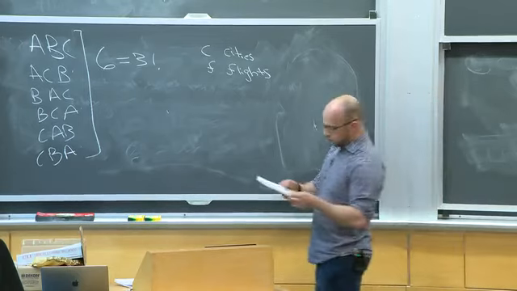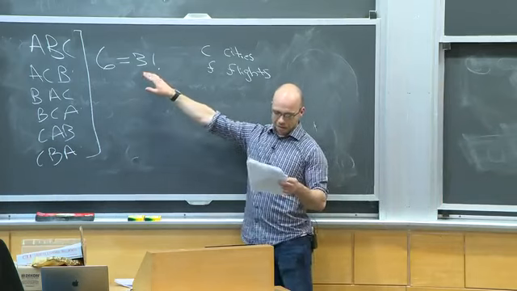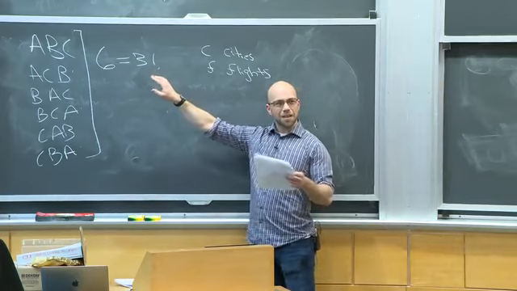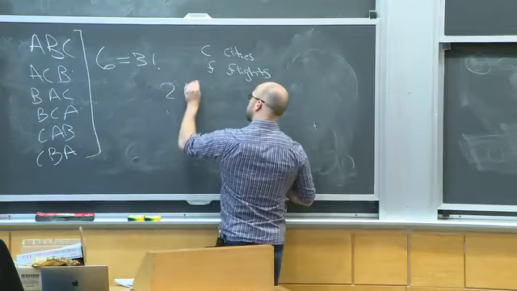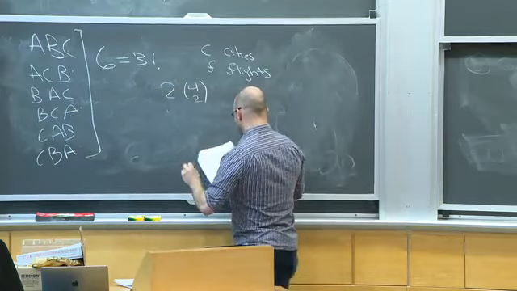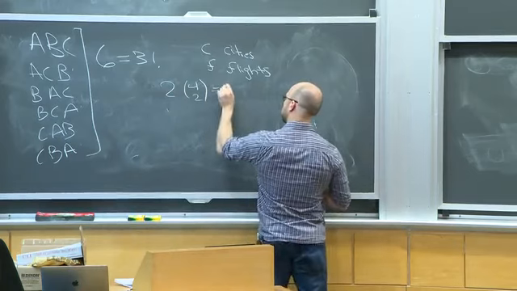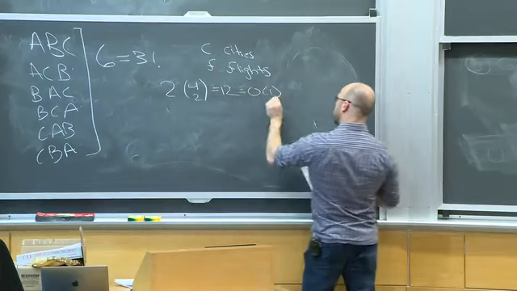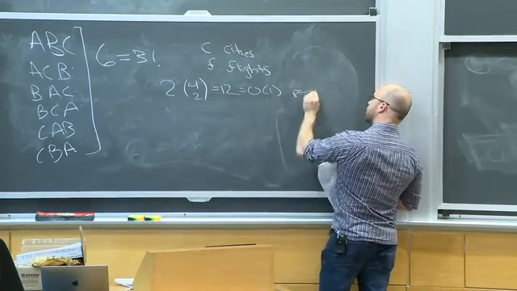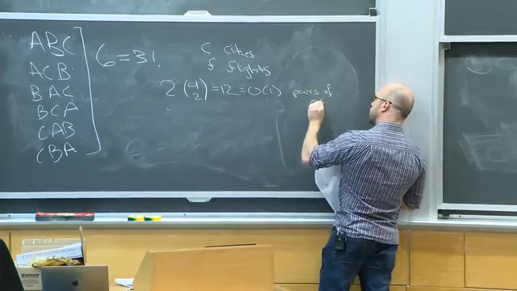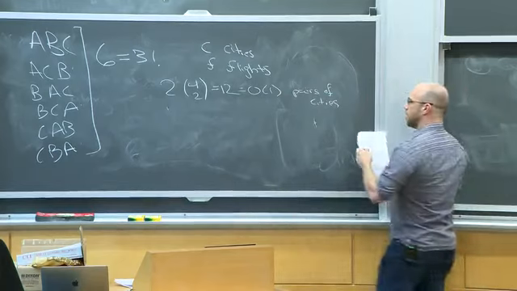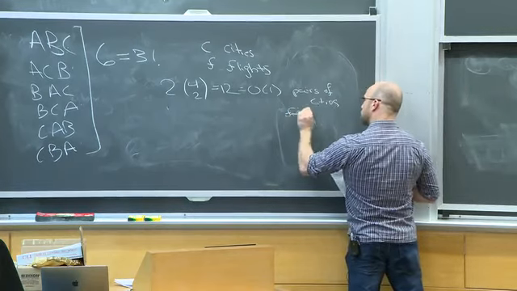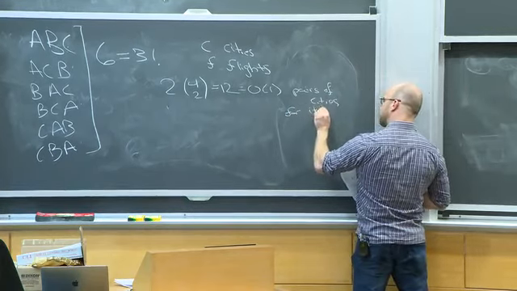Okay, so there's 3 factorial possible permutations, and at the end of the day, there's 2 times 4 choose 2. If you're wondering, this is 12, or big O of 1, pairs of cities, for itinerary purposes.